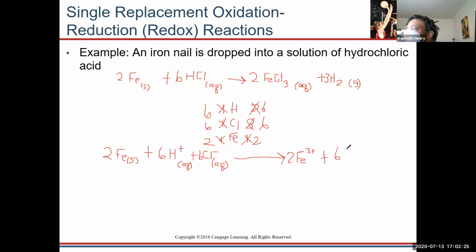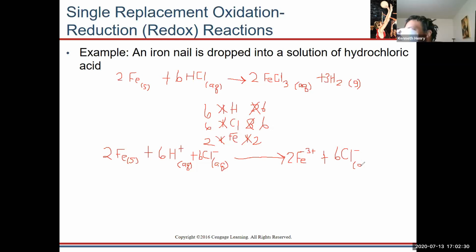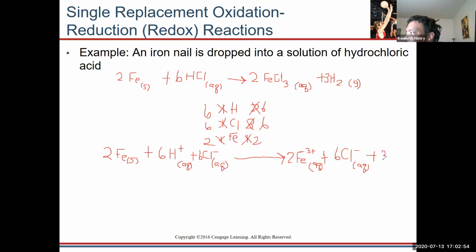And that's aqueous. And then what do I do with the hydrogen gas? Leave it. That's right. We leave it alone. You make me so proud. You guys actually listen to me sometimes.